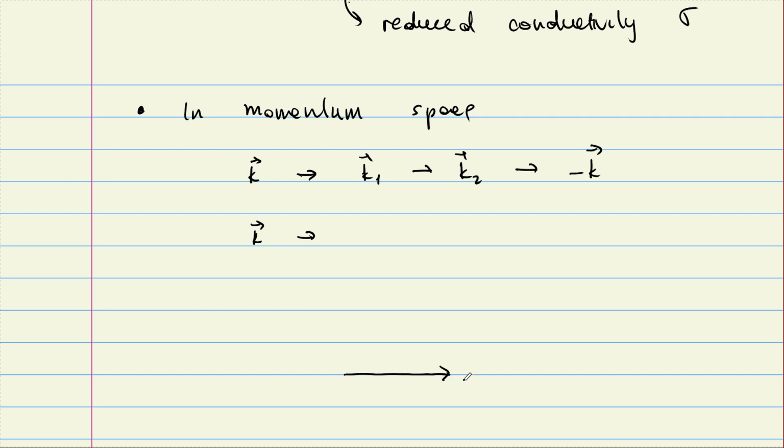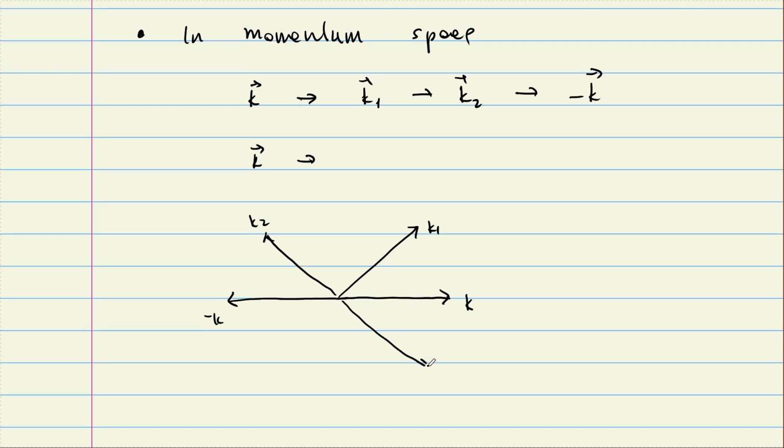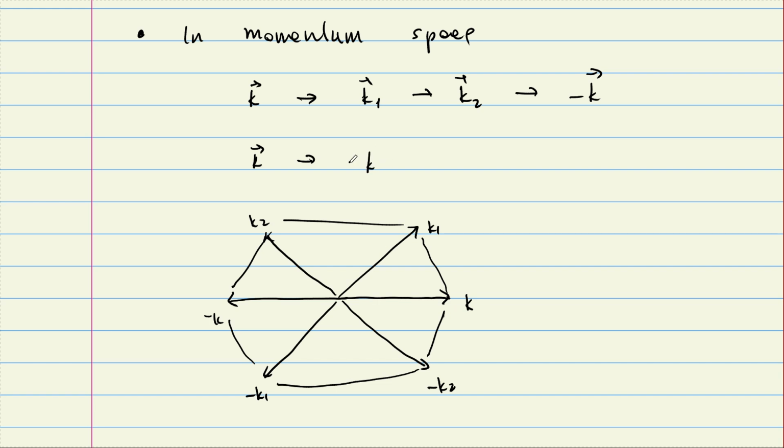So this is k, I want to go to minus k, and I do it in many steps, but for demonstration purposes I'm only going to choose 2. So this is k1, k2, and I can take the time reversals of this and this one. This is minus k1, this is minus k2. So going in a path like this is the path, and going like this is going to be time reversal of this. So this is minus k2 and goes to minus k1 and goes to minus k.